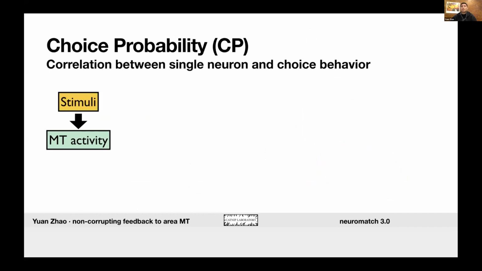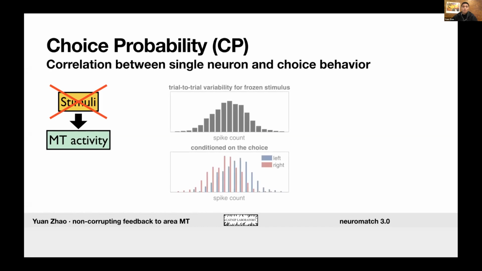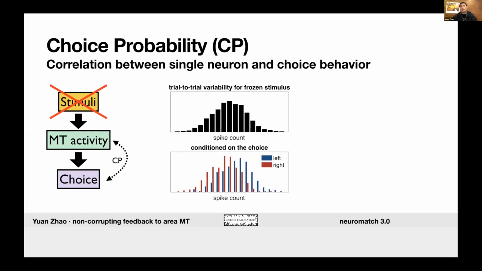So getting back to the question on the correlation between neural activity and the behavior. We know that the MT activity is primarily driven by the stimulus during the experiments, but it correlates with the choice as well. Then how do we isolate and measure the correlation between neuron and choice? We use the frozen trials and the choice probability. The frozen stimuli mean the same stimulus is repeated across trials.